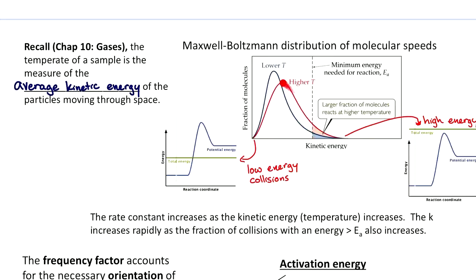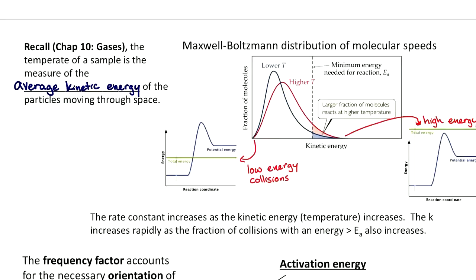So just think of samples where there's a range of molecular speeds. But as we heat up our sample, that range starts to push to higher boundaries. And so reactions happen when collisions have enough energy to do that reaction.